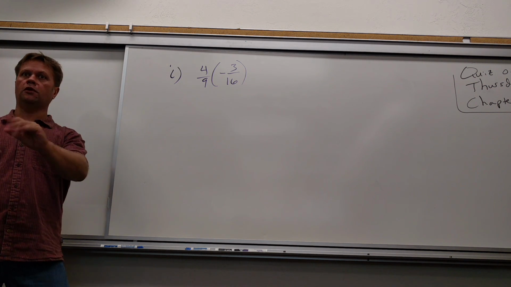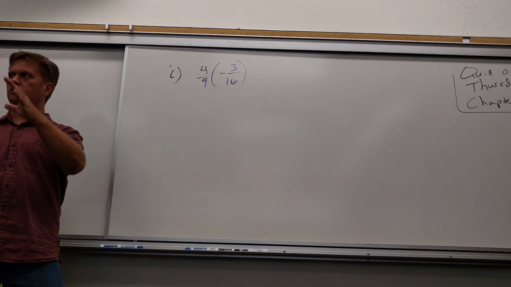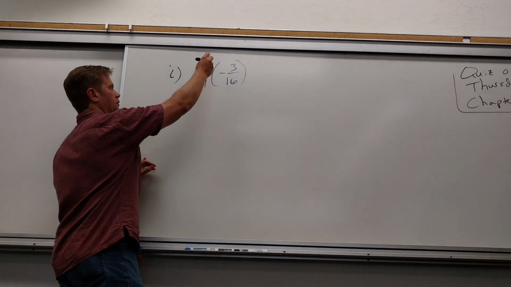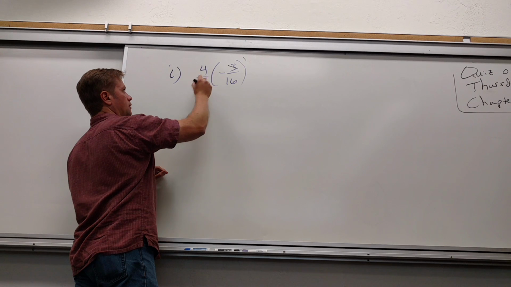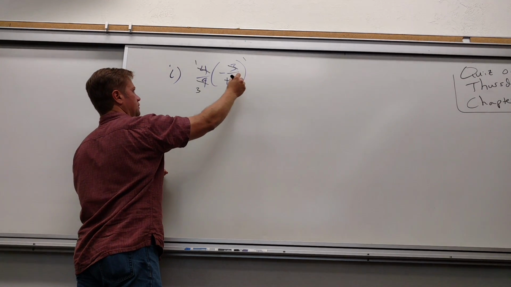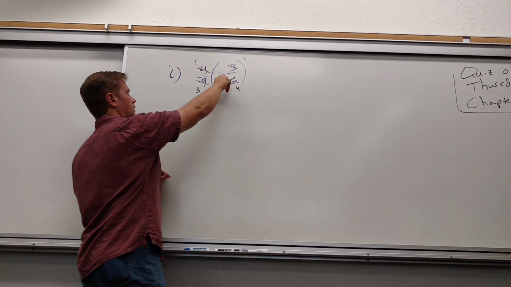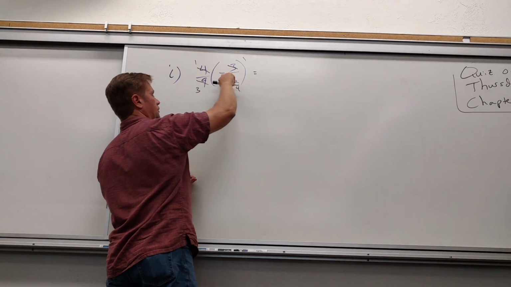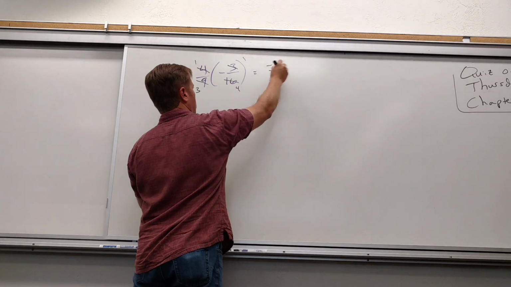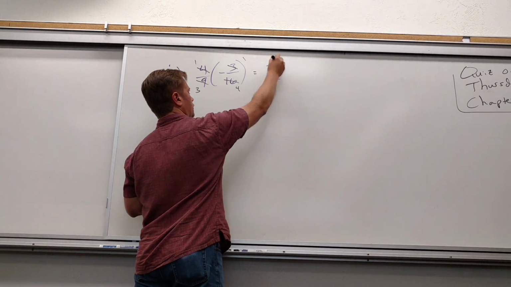Yeah, I can reduce first. Before I make the numbers bigger, I might as well take care of them while they're smaller. So 3 goes into 9. 4 goes into 16. So you get negative 1 over 12.